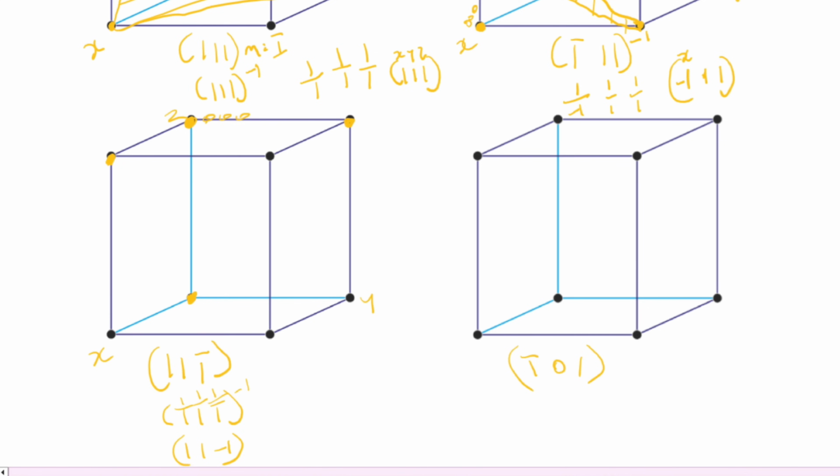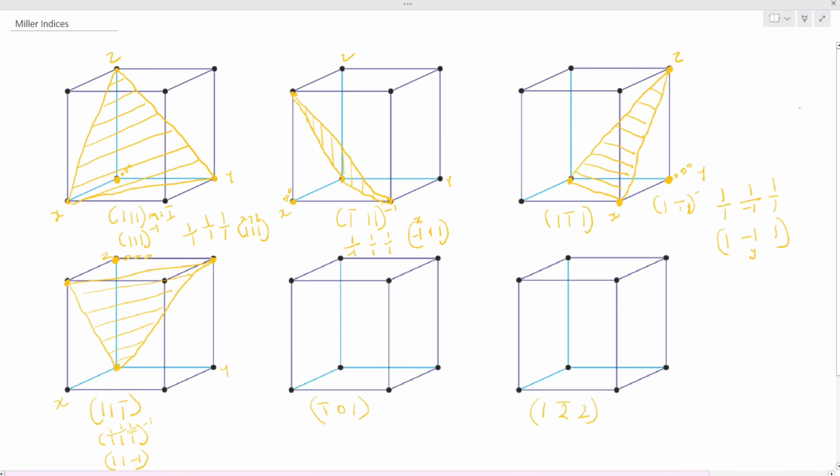So we draw a plane looking this way. Yeah, that. So now for -1, 0, 1, so we go again, intercept.